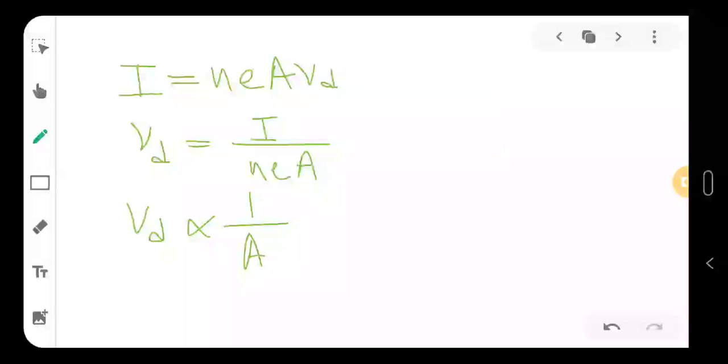V D is also inversely proportional to n, that is the number of electrons. So the smaller the number of electrons, the fewer the collisions and V D will be more. Simple logic. In case of area also the same thing happens, because if the area is small, obviously the arrangement of electrons will be such that collisions are fewer, so the drift velocity will increase.